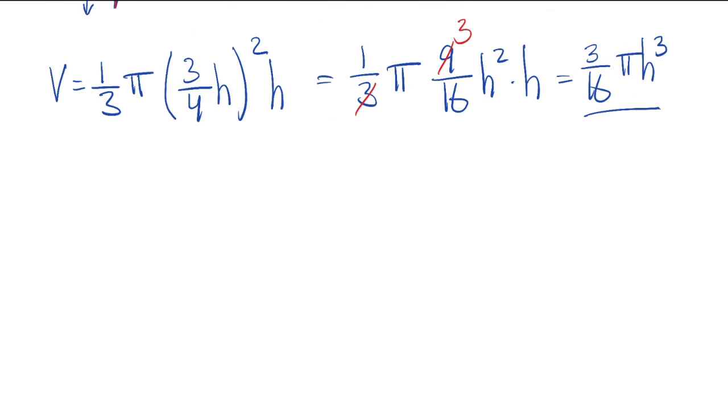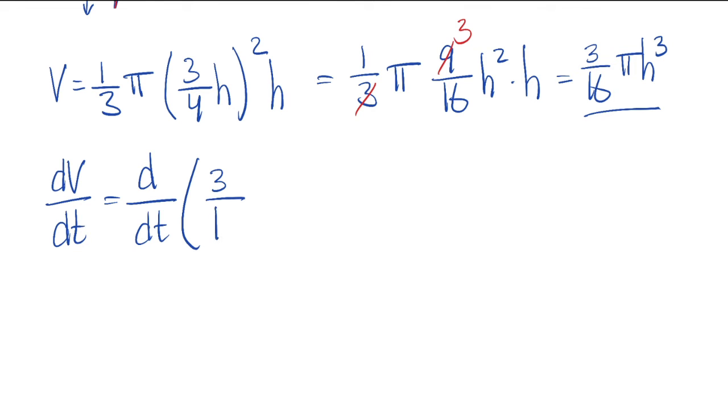So we're going to write dV/dt equals the derivative with respect to time of 3 over 16 pi h cubed.